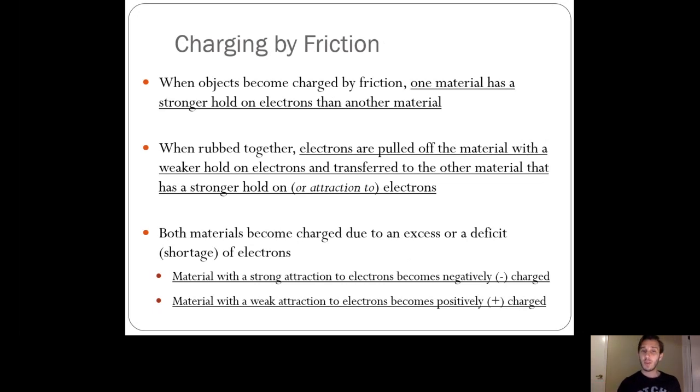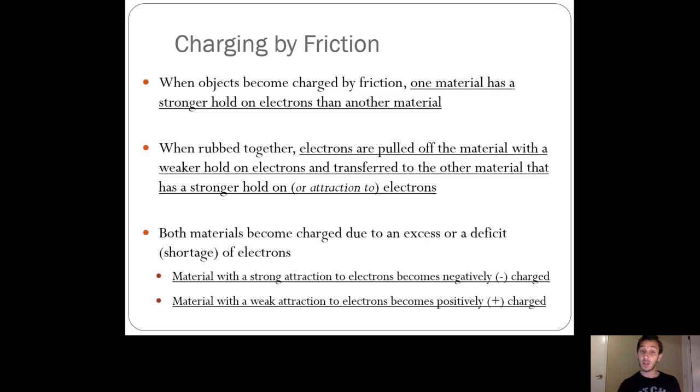So when an object becomes charged by friction, one material has a stronger hold on electrons than the other material. That's why they have to be 2 different materials, okay? Because different materials have a different affinity or a different ability to hold on to electrons than other materials, okay? It's unique to each material.